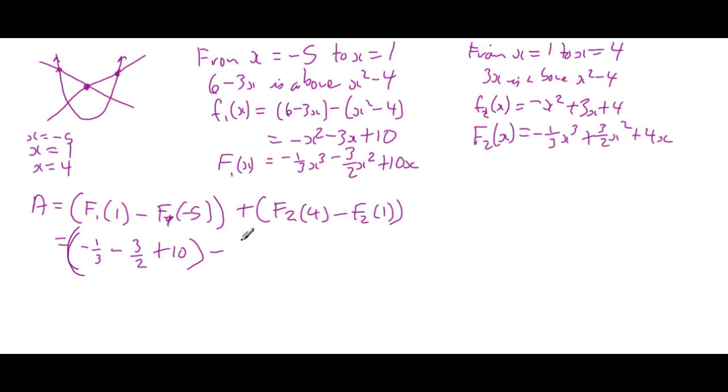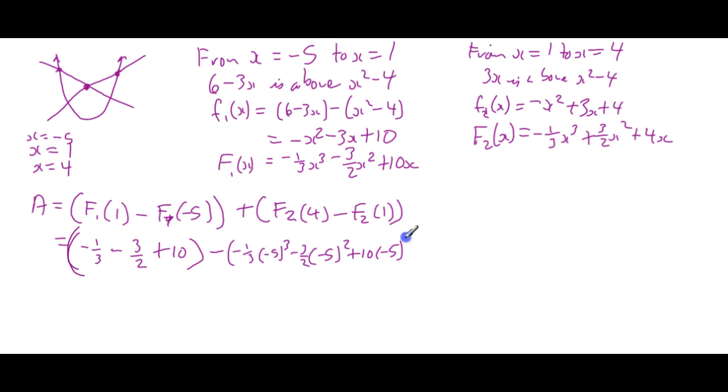I can just copy from what I had before: negative 1/3, negative 5 cubed, minus 3/2, negative 5 squared, plus 10 times negative 5.